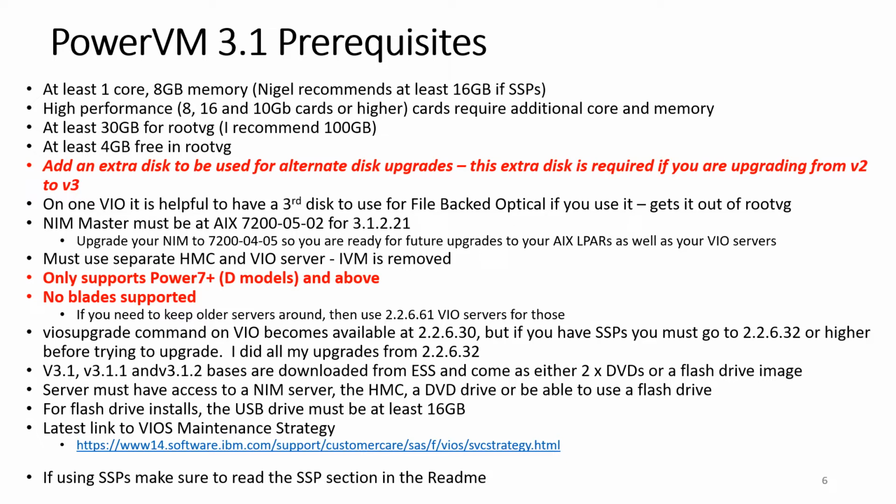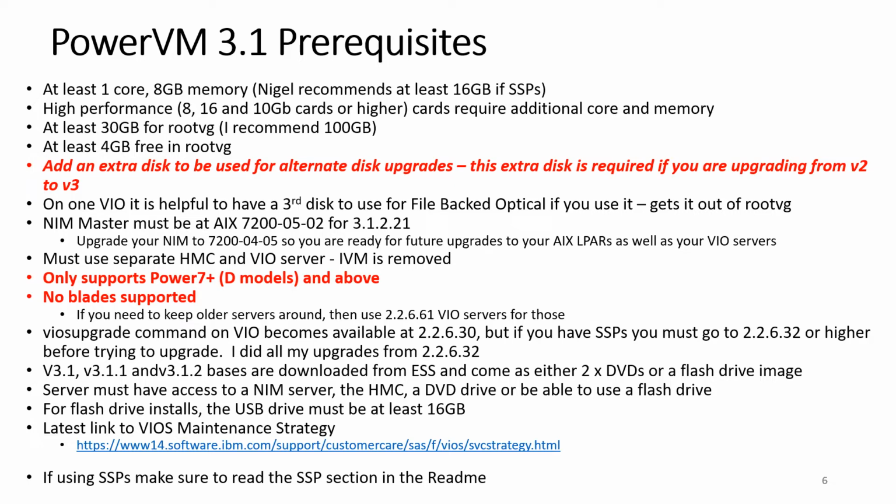In order to go to the very latest version of the VIO server, your LPAR must actually be at AIX 7252. That allows you to run version 3.1.2.21 of the VIO. Also be aware that PowerVM 3.1 only supports the Power 7 Plus D models and above.